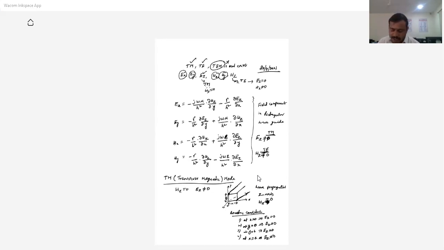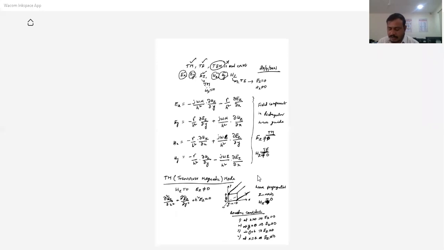Based on the boundary conditions, we are writing the equation. This is the wave equation for the wave propagation, that is the Helmholtz equation: dou square Ez by dou x square plus dou square Ez by dou y square plus h square Ez is equal to 0.